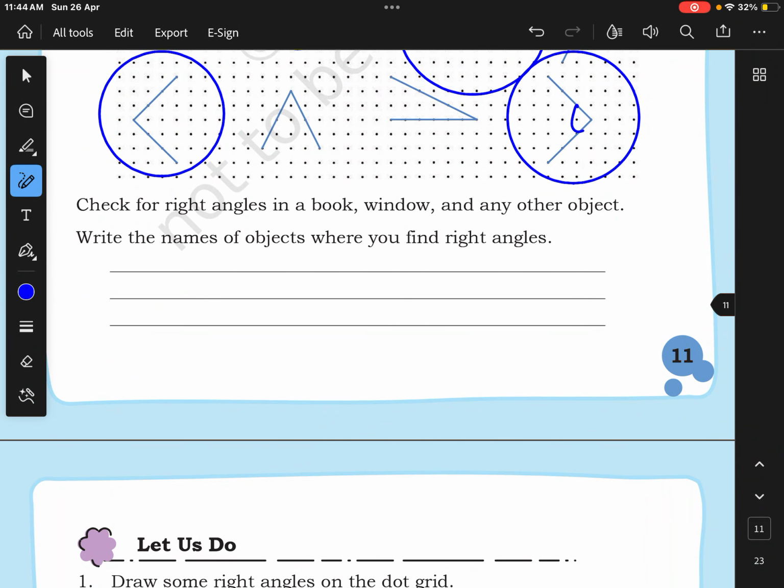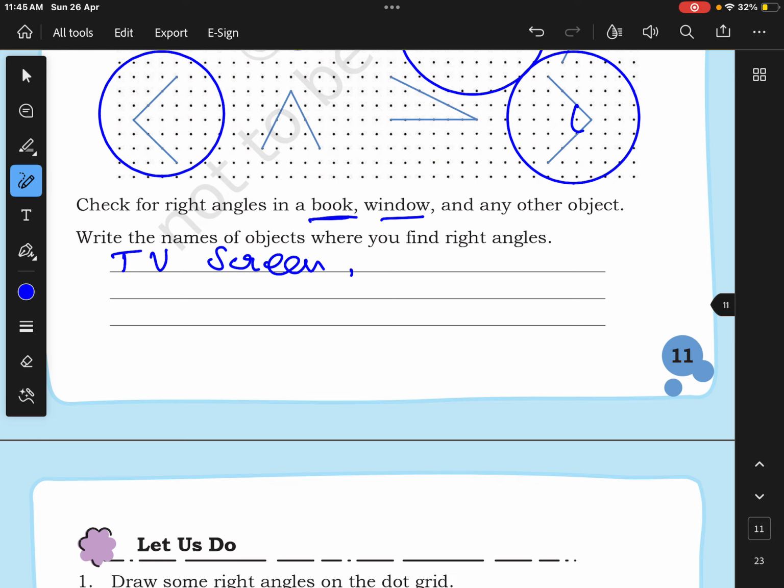Check for right angles in a book, window and any other object. So in the book corner we will get a right angle. Window corners have right angles, right? So we can check it. Write the name of the object where you find right angles. So television screen, first thing, or TV screen. Book is already mentioned here, so you may not write book.